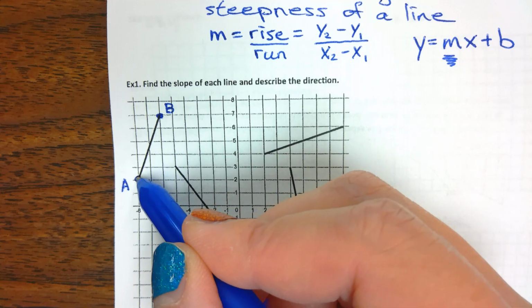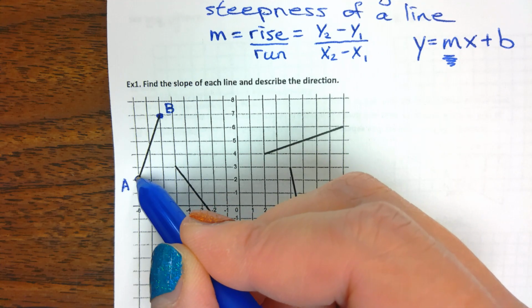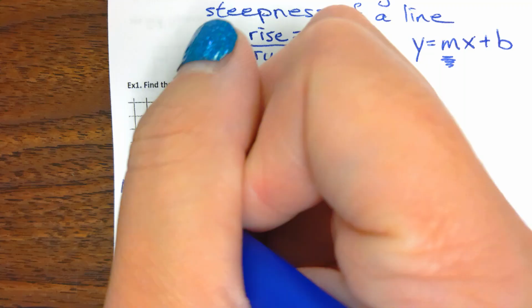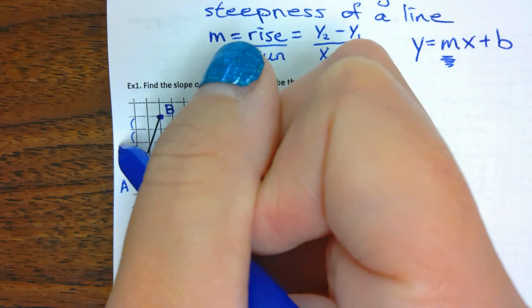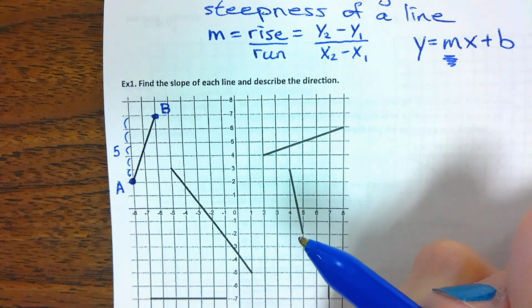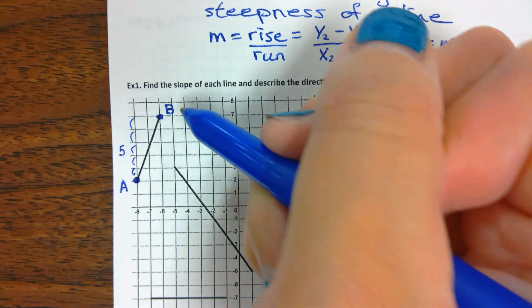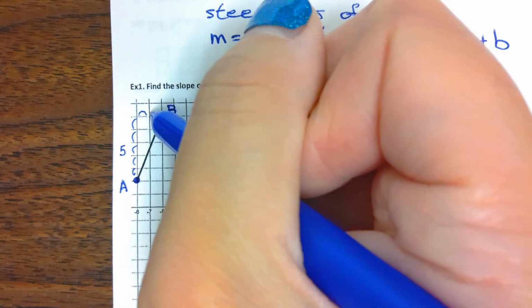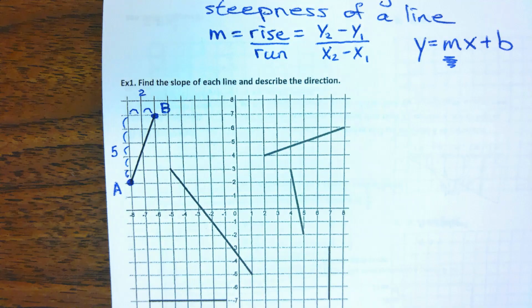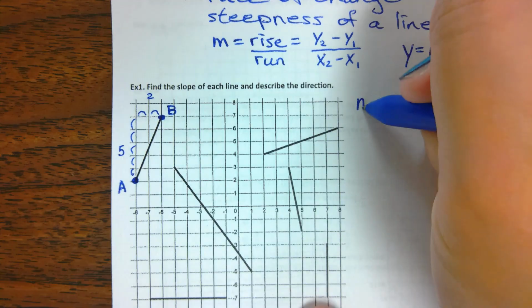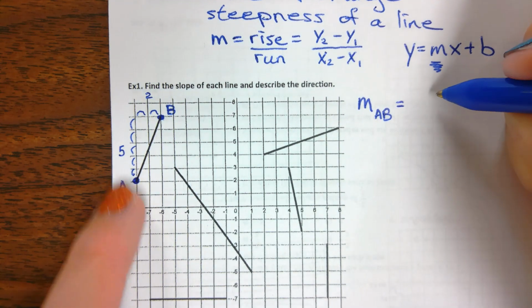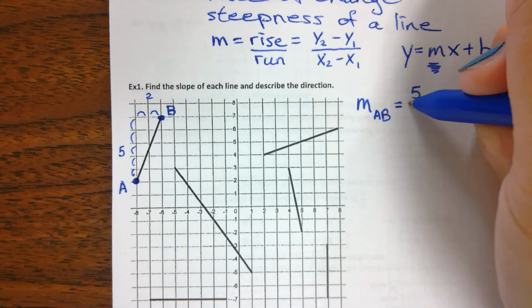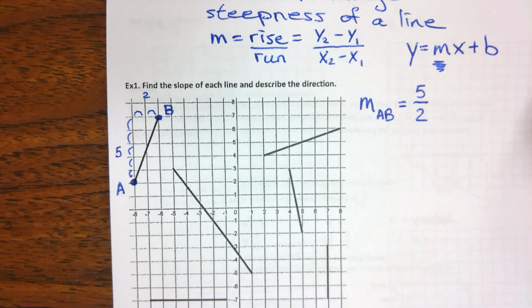So what does Abby have to do? Yep. Go up the elevator, right? So 1, 2, 3, 4, 5. So Abby has to go up five floors. And when she gets out of the elevator, it's the second door to the right. So the slope AB will be rise over run. So 5 over 2.